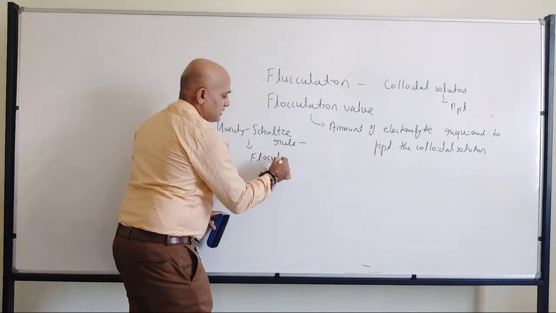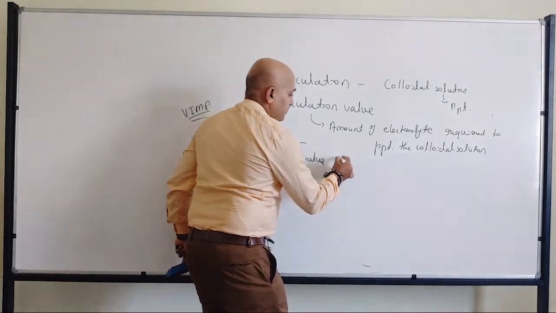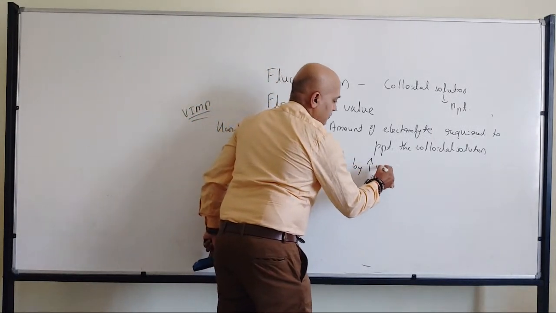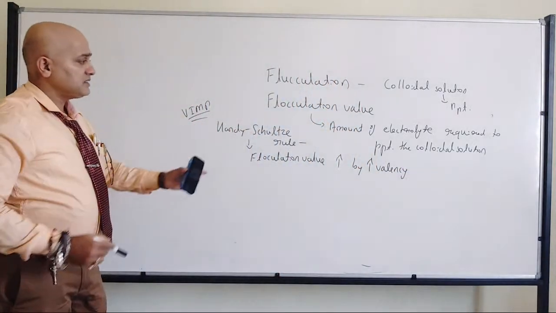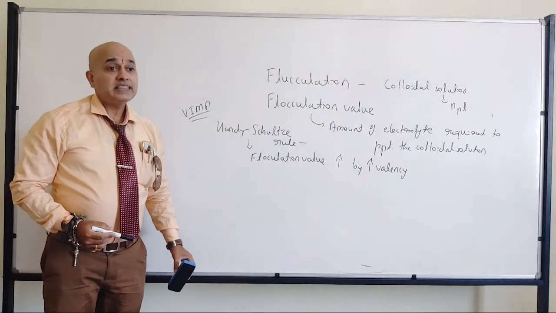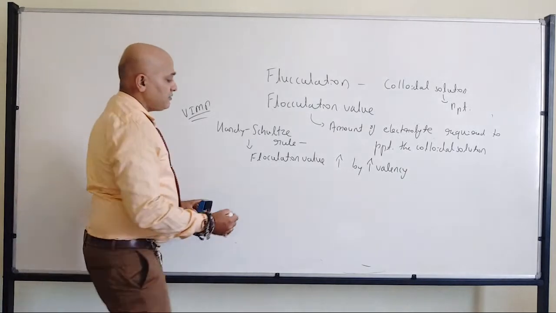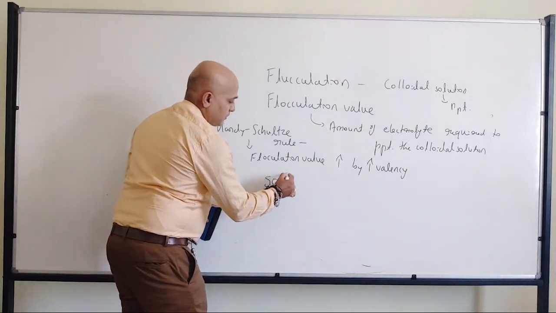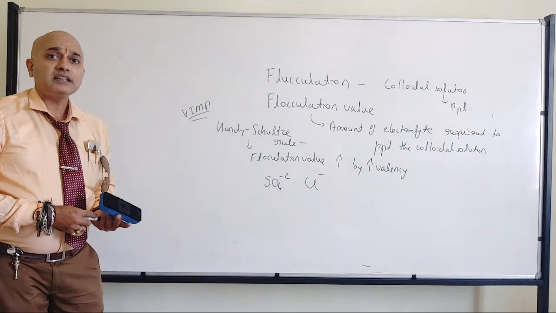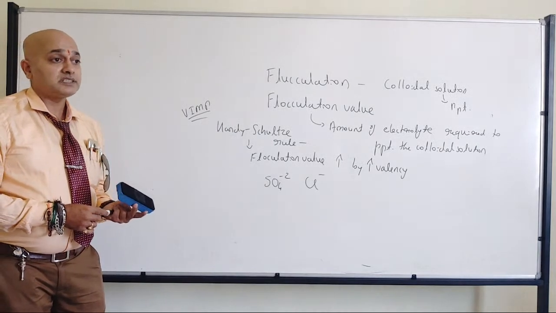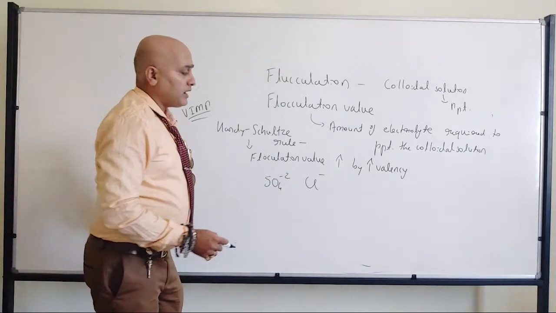What do you mean by valency? For example, if I take sulfate, which is -2, and chloride, which is -1, the valency of sulfate is more because it is -2. The valency of sulfate is more compared to chloride because it is only -1.